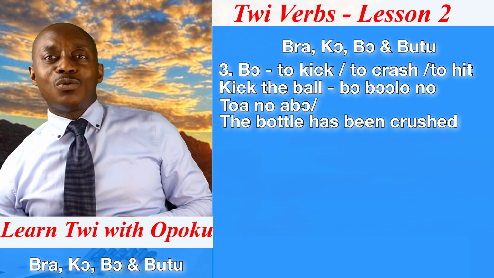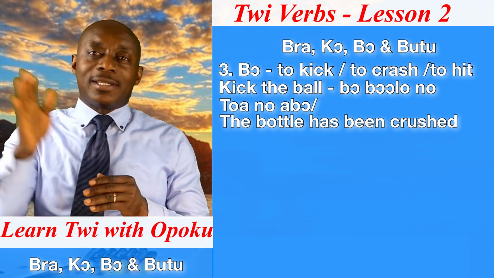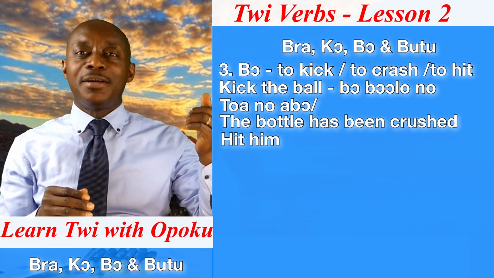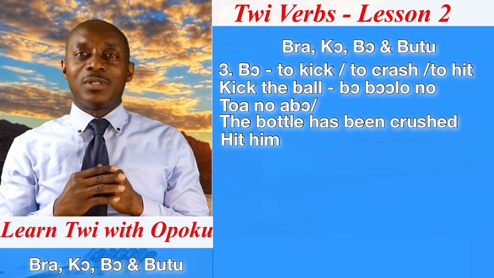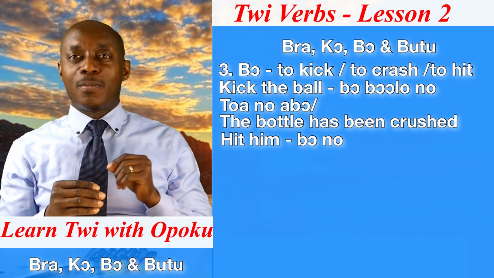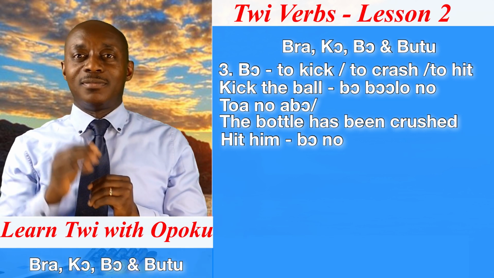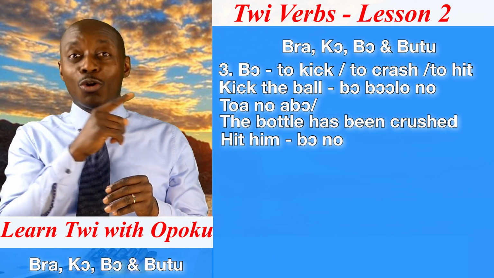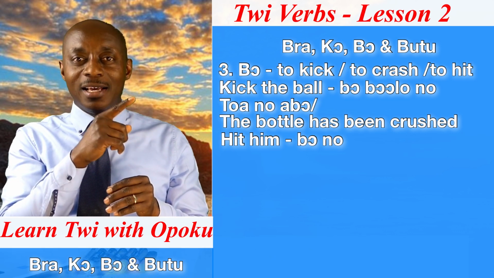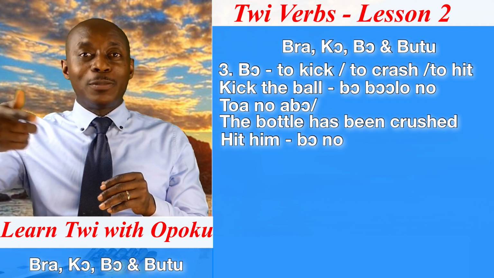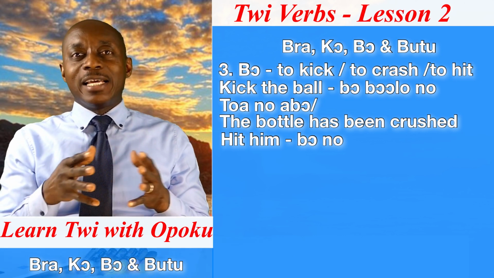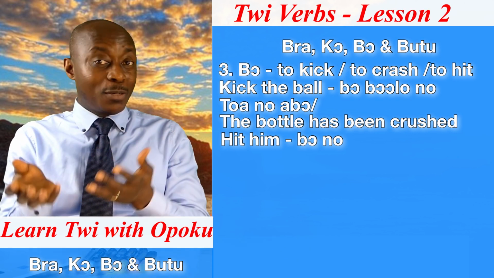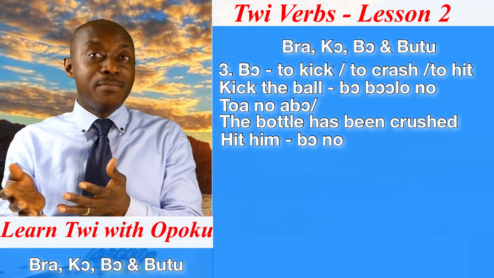Well, at times too, it could also mean to hit. So how would you say hit him? We will say bono. The no is what? Ono, that is he or she in the object position. Just like in English, when we have he or she in the object position, it becomes him or her.